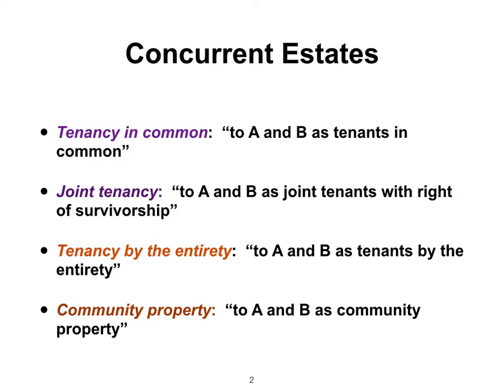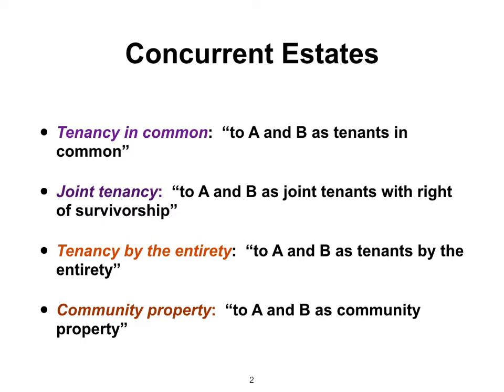And the key difference between a joint tenancy and a tenancy in common is that each joint tenant has the right of survivorship. So for both a tenancy in common and a joint tenancy, each tenant can use and possess the whole property.